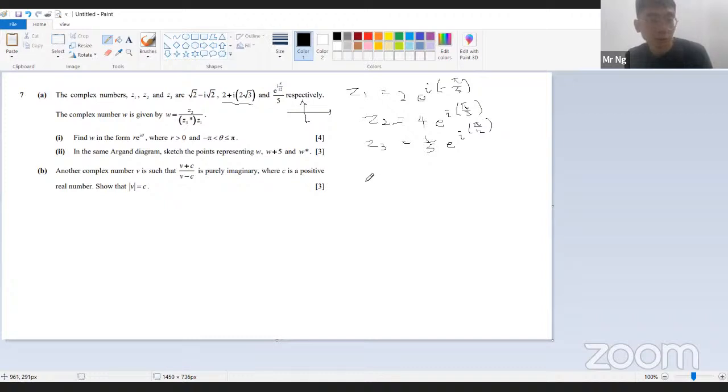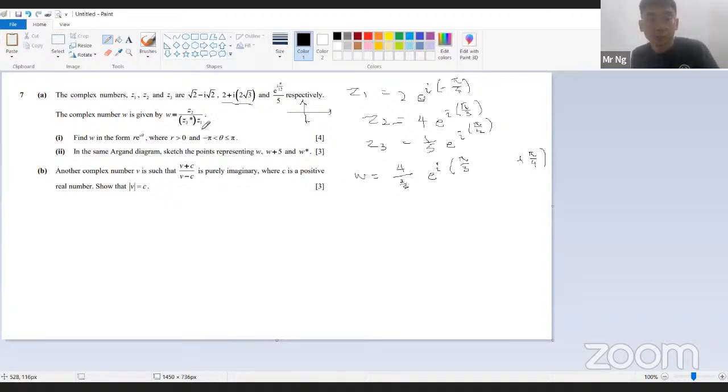So W equals to 4 over 2/5, then e to the i bracket pi over 3 plus pi over 4.